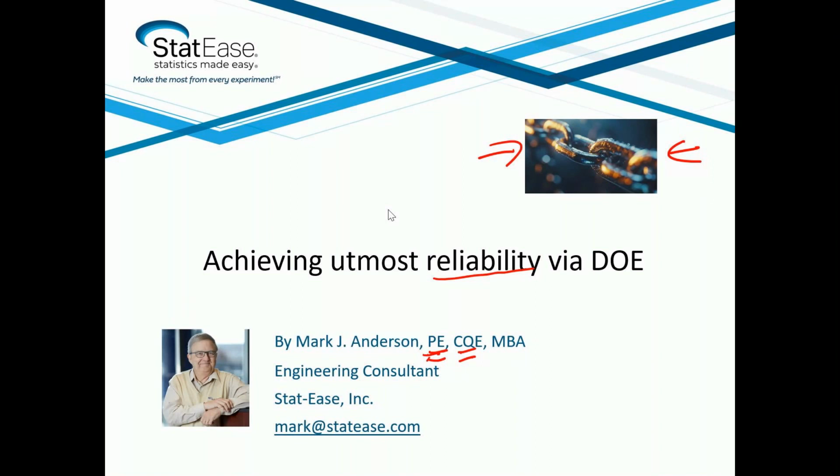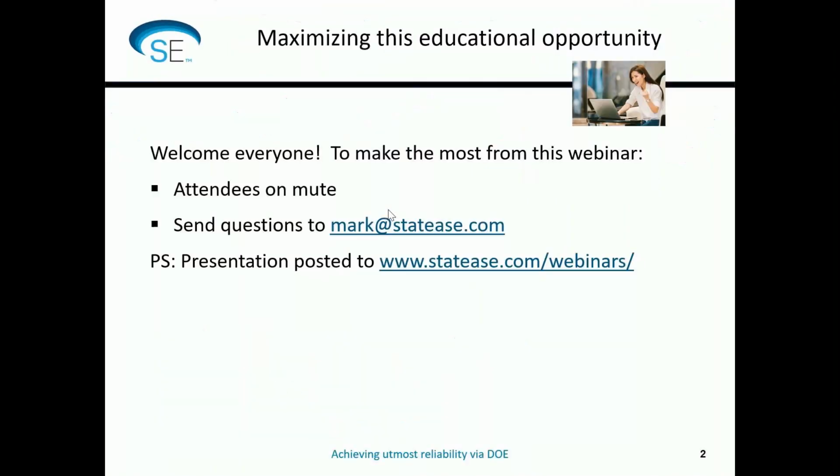So I wanted to make you aware of what we have, and also take a broader view of reliability, not just for hard goods, but also stuff like chemicals, paints, cosmetics, the type of things us chemical engineers would work on.